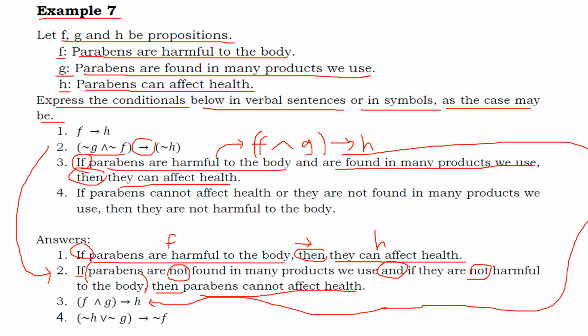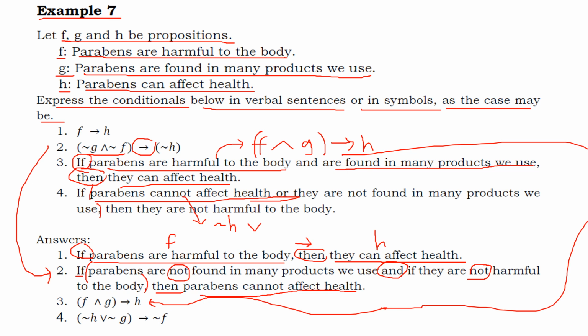Now, for number 4, if parabens cannot affect health, as you can see here, that will be your negation H, because they cannot. Or, disjunction. From this scenario, we put parentheses for you to know the terms inside your parentheses in this case.